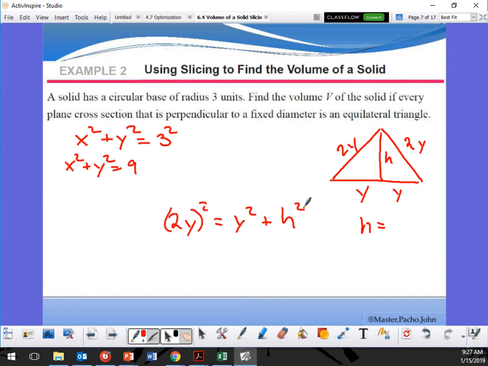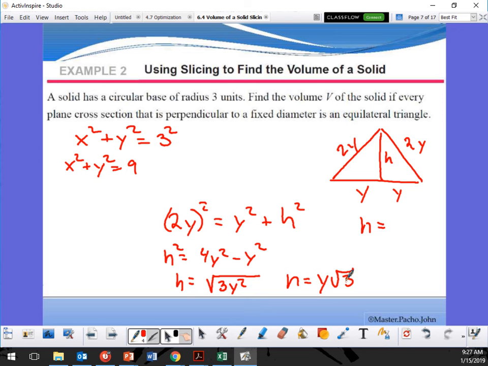So h squared is equal to 4y squared minus y squared. That's going to be h equal to the square root of 3y squared. What's going to happen to that y? It's going to come out, right? So h is equal to y square root of 3, isn't it?